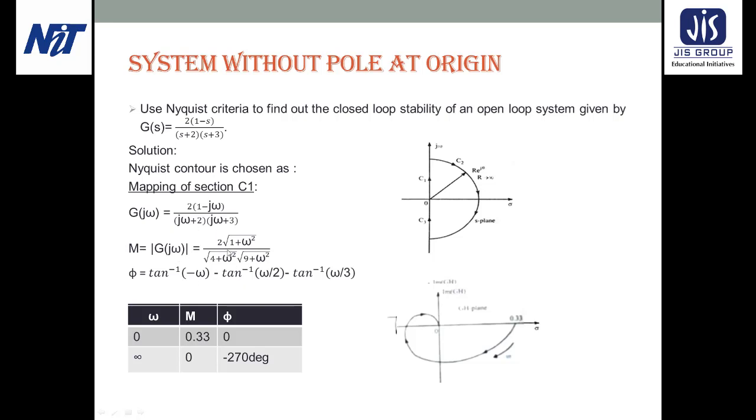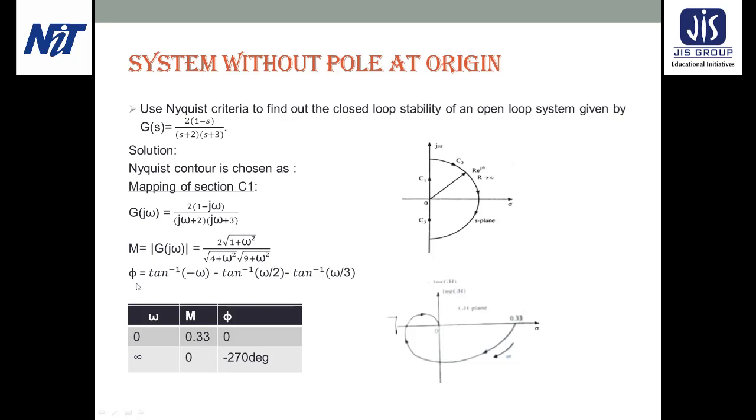So using that we can find the magnitude of G(j omega), which is equal to 2 into root over of 1 square plus omega square, since 1 is the real part and omega is the imaginary part. For the denominator, it will be root over of omega square plus 2 square, that is root over of 4 plus omega square, and root over of omega square plus 9, or 9 plus omega square.